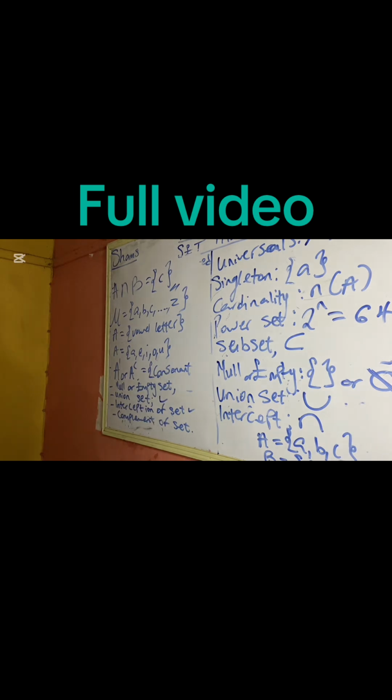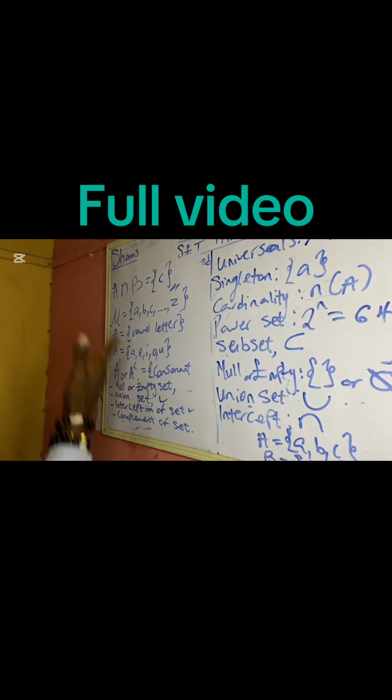Since we know that the English alphabet is divided in two parts, we have the consonant part and we have the vowel part. Since A equals the vowel letters, then simple, the complement of A will be consonant letters, because in our universal set, we have all the letters: A, B, C, D, E, F, G, H, I, J, K, L, M, N, O, P, Q, R, S, T, U, V, W, X, Y, Z. Now, we have taken the vowel letters already: A, E, I, O, U. Now, what will I be left with?